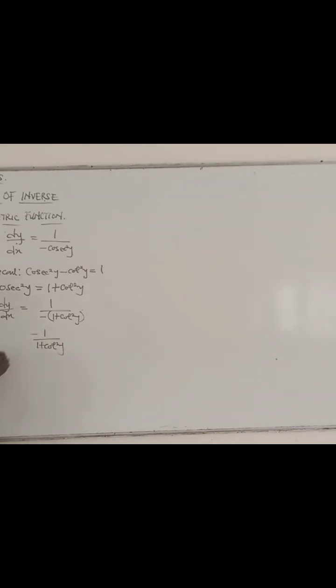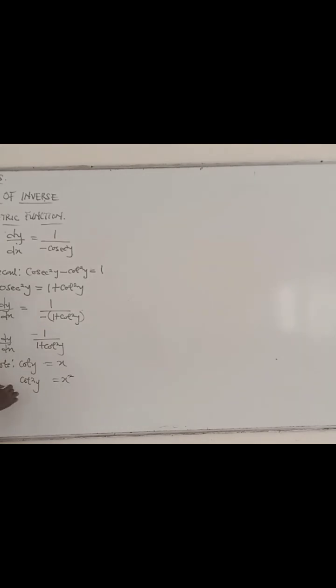Therefore dy/ds is equal to minus 1 over 1 plus cot square y. Now recall that cot y is equal to s, so cot square y is going to be s squared.